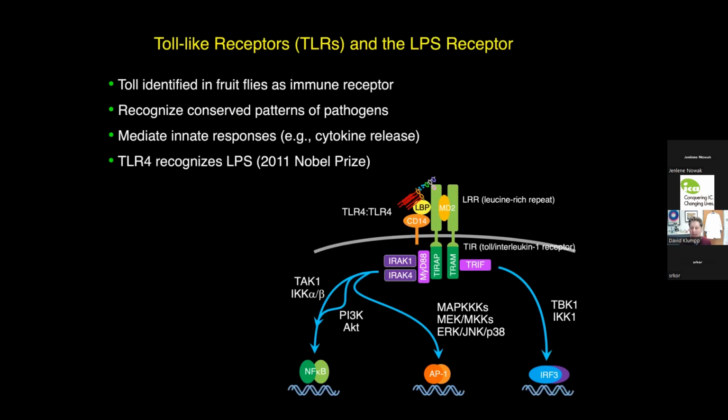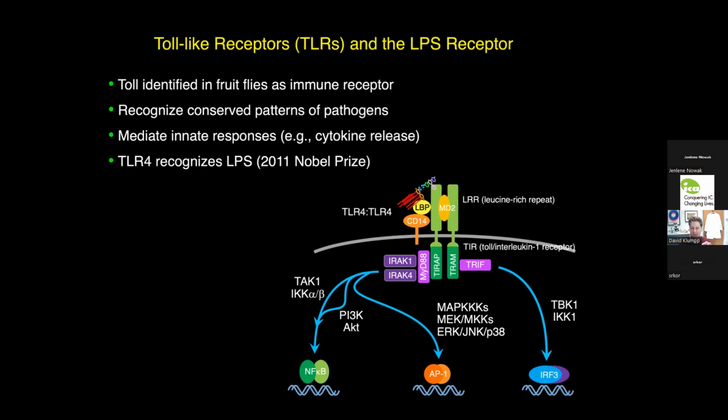Well, LPS has a certain receptor on the surface of cells, and it falls into the class of what are called toll-like receptors. That name comes from a gene first identified in Drosophila, in fruit flies, that encodes an immune receptor. So this is an innate immune response.